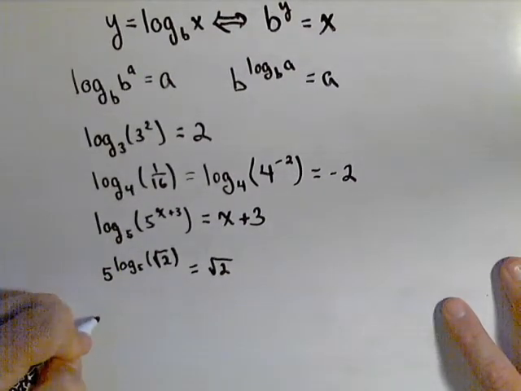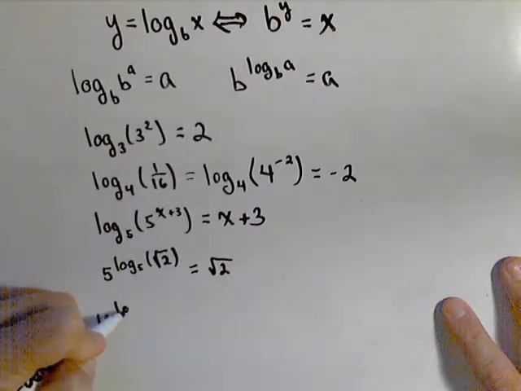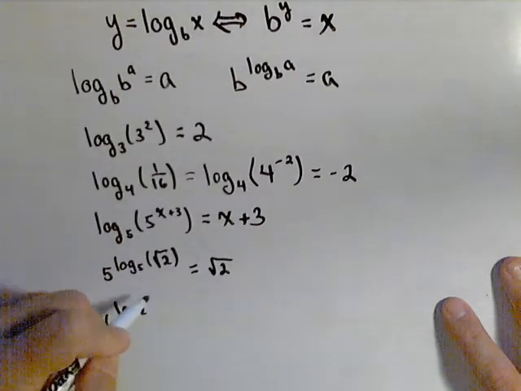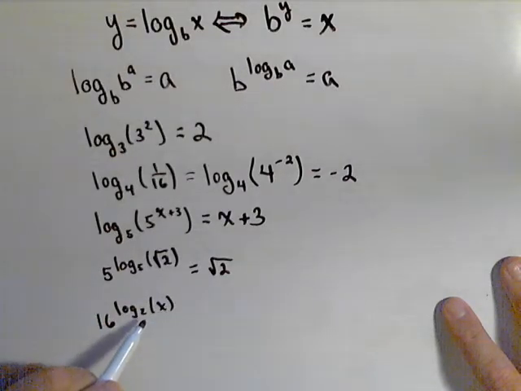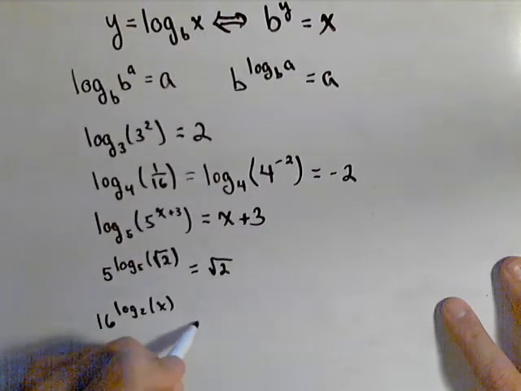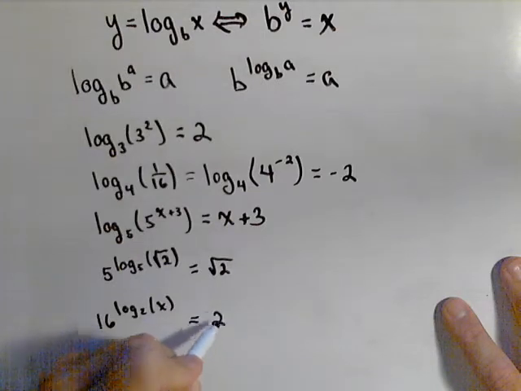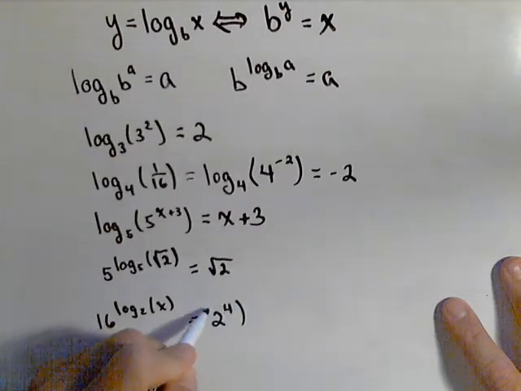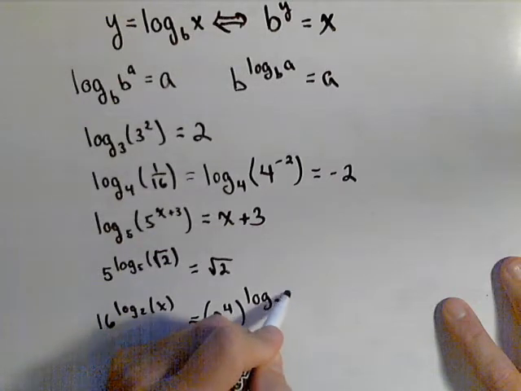What if we had something like this: 16 raised to the log base 2 of x? Because right now these don't have the same base. 16 can be rewritten as a base 2. So as a base 2, this is 2 to the 4th, and that's being raised to the log base 2 of x.